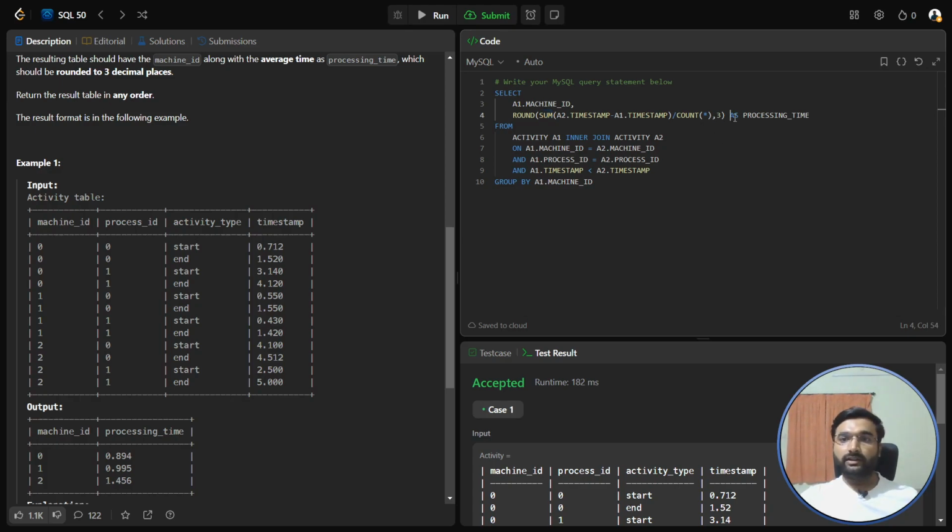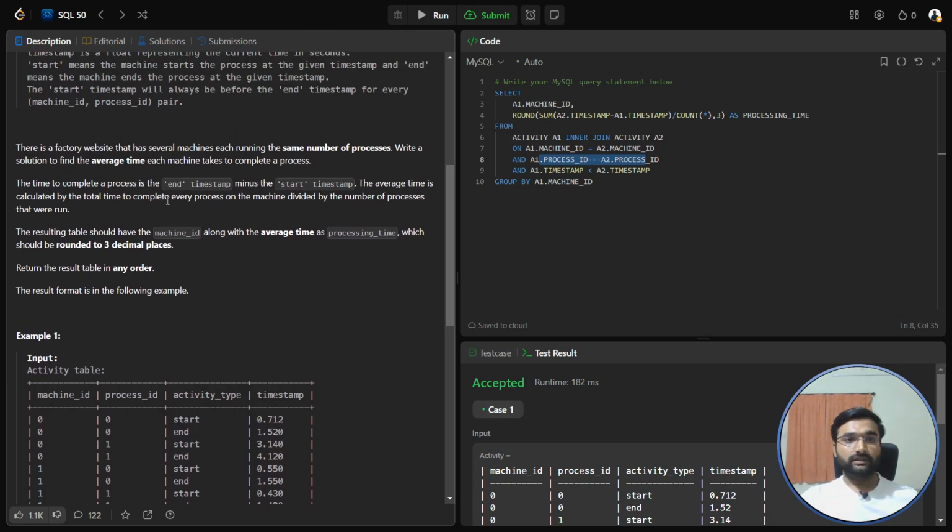As processing time from activity a1 inner join activity a2, right? So I need the common rows from this table, and since I want it for the same process id, I would write this condition where I want both the processes to be the same, a1.process_id and a2.process_id, and the timestamp should also be less, because the condition says that. Where is it?